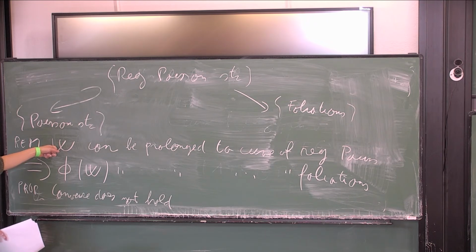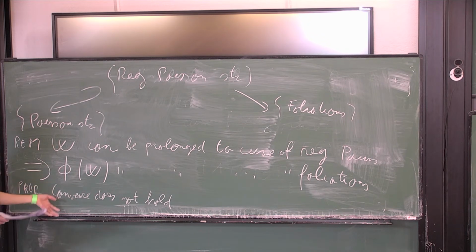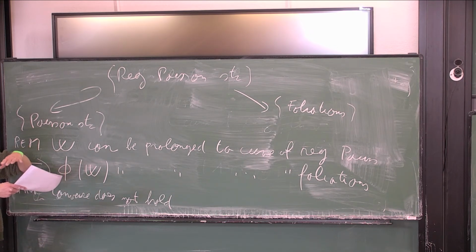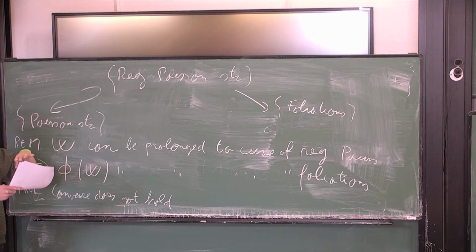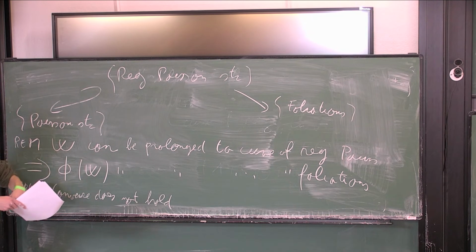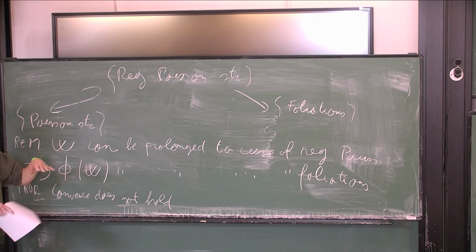So what this says is that there are situations in which you take your regular Poisson structure pi, you can deform the underlying foliation in the prescribed direction, but you cannot do it in such a way that the resulting curve of foliations carries Leuven symplectic structures.